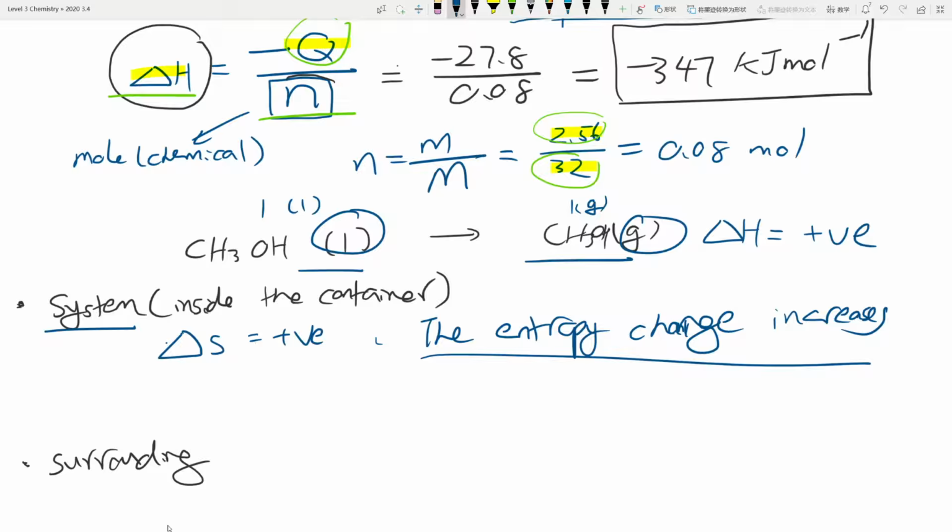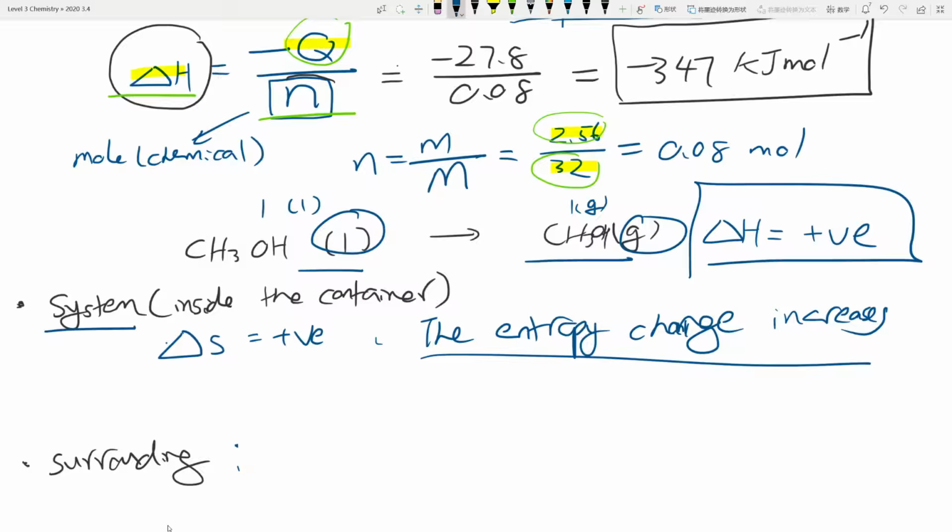Now if you look at the surrounding, when this reaction takes place, there's always going to be an enthalpy change. In this case, the enthalpy change is positive. So that means when this reaction takes place, it sucks energy into the container, which makes the surrounding particles colder because they lost energy.